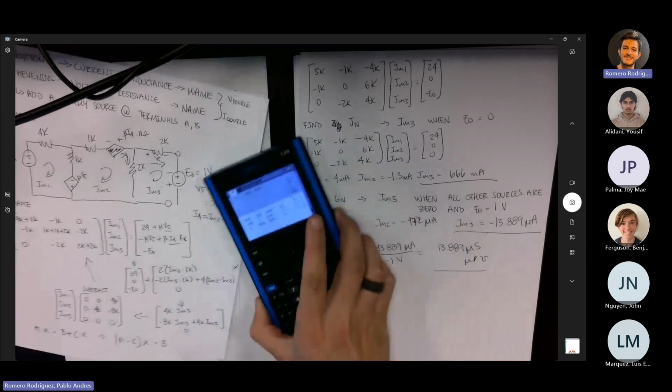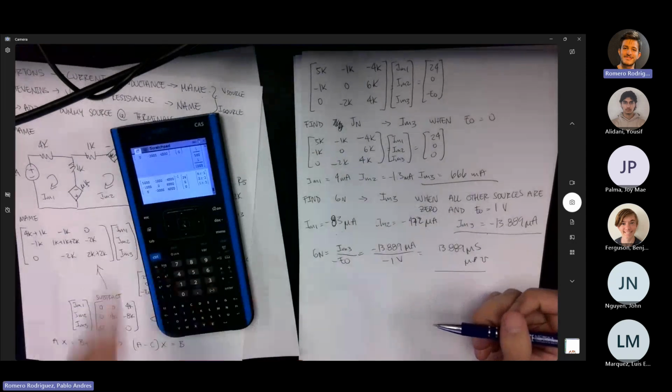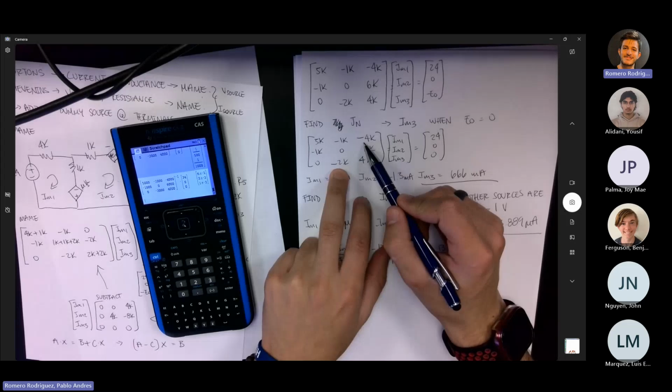That's where I messed up. So, good catch. I forgot these two negatives.